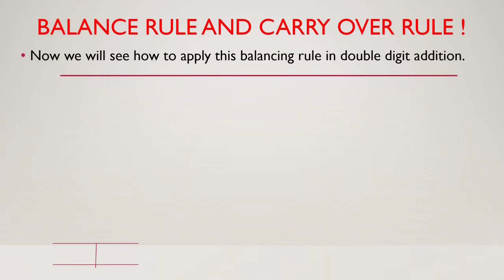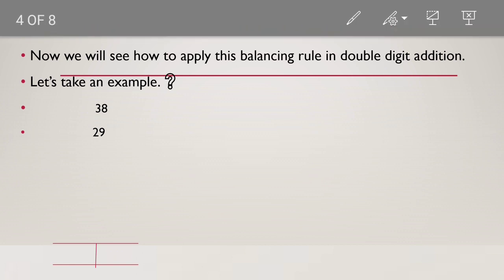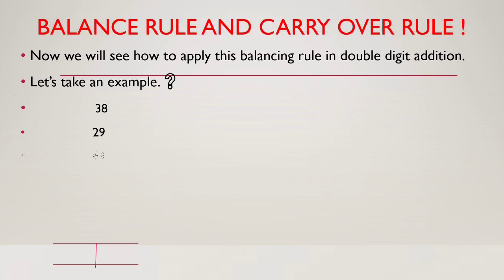Our balance and carryover rule, we are going to apply this in double digit additions. So let's take another example: 38 plus 29 plus 64 plus 75 plus 83 plus 67.